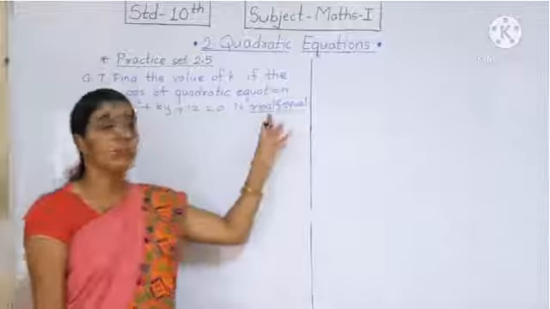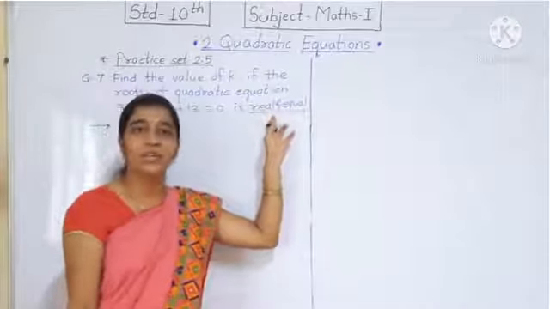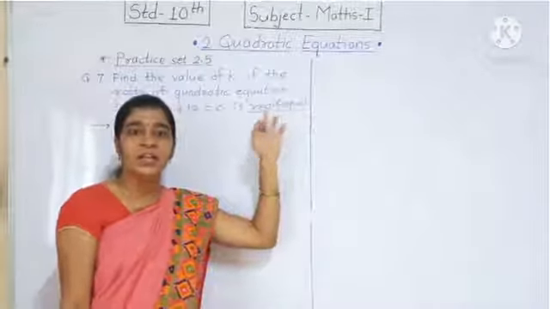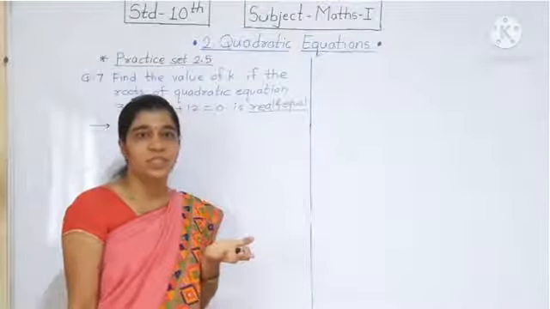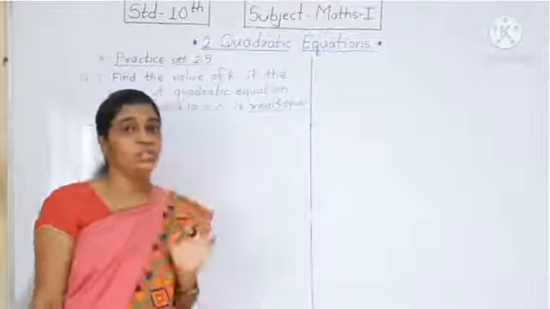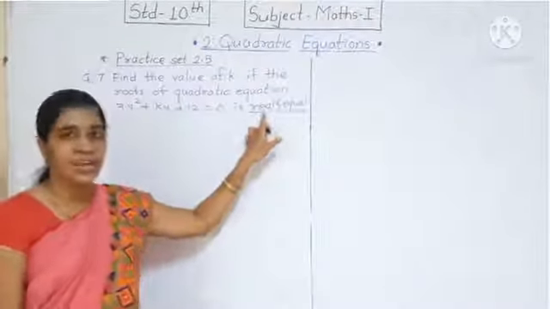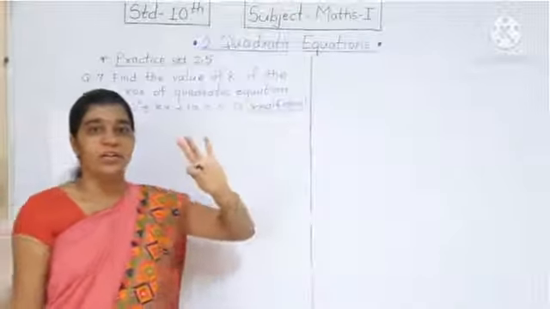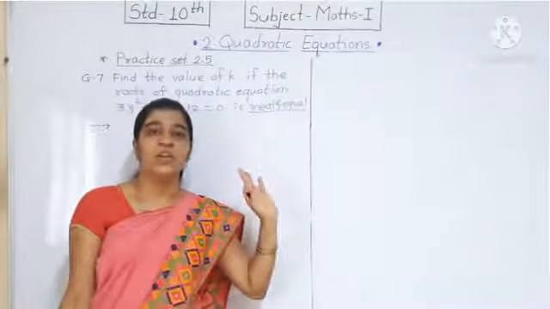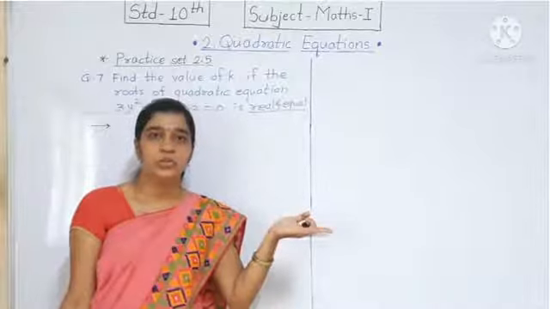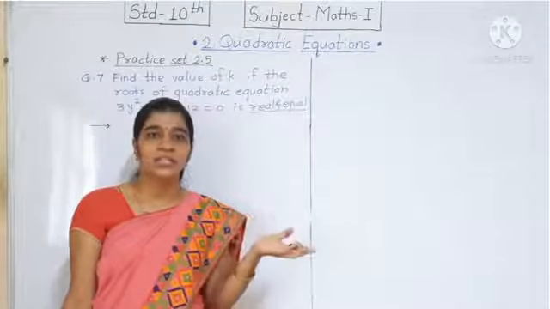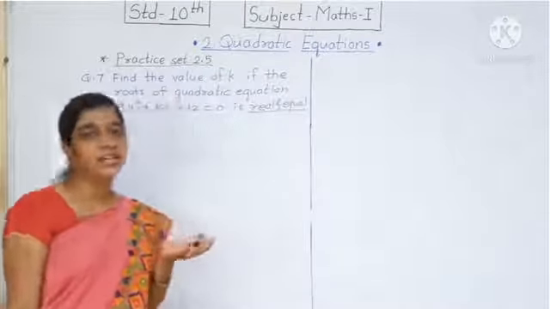We know if the roots are real and equal, if the value of b square minus 4ac is equal to 0, then the roots are real and equal. We had learned the three cases: if b square minus 4ac is equal to 0, b square minus 4ac is less than 0, b square minus 4ac is greater than 0.